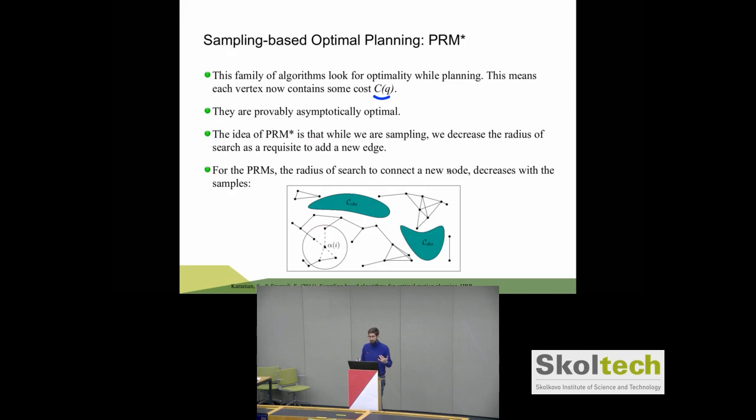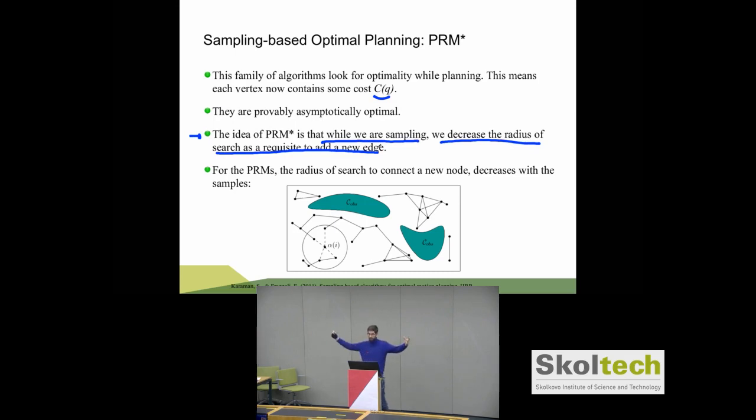So intuitively, what you are looking for is something that allows you to change this graph as you are exploring, right? And I'm just going to comment a couple of ways of doing this. For probabilistic roadmap, the idea is that while we are sampling, we decrease the radius of search every time, right?